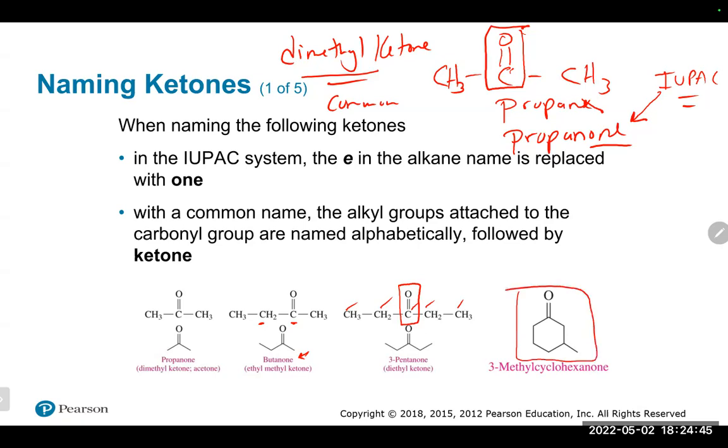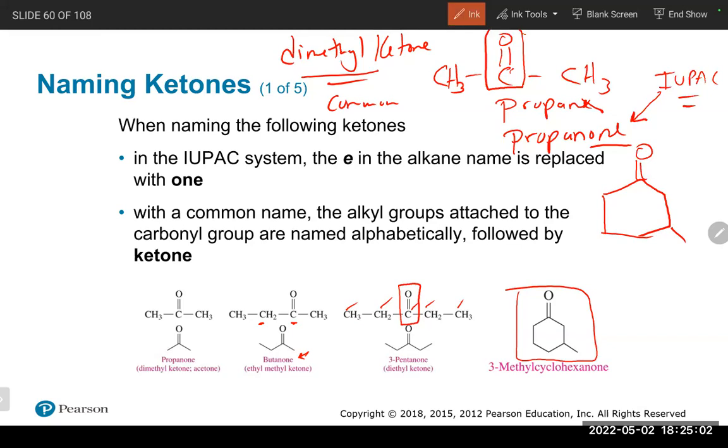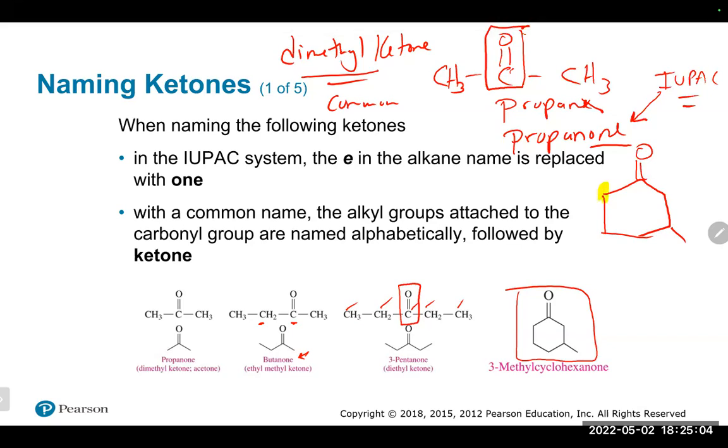Also works on a ring type structure. So if we look at this guy here, this is a 6-member ring, which is cyclohexane. This is actually the ketone group right there on top. So in case you can't see it, this is 1 carbon, that is 2 carbons, and that is 3 carbons.